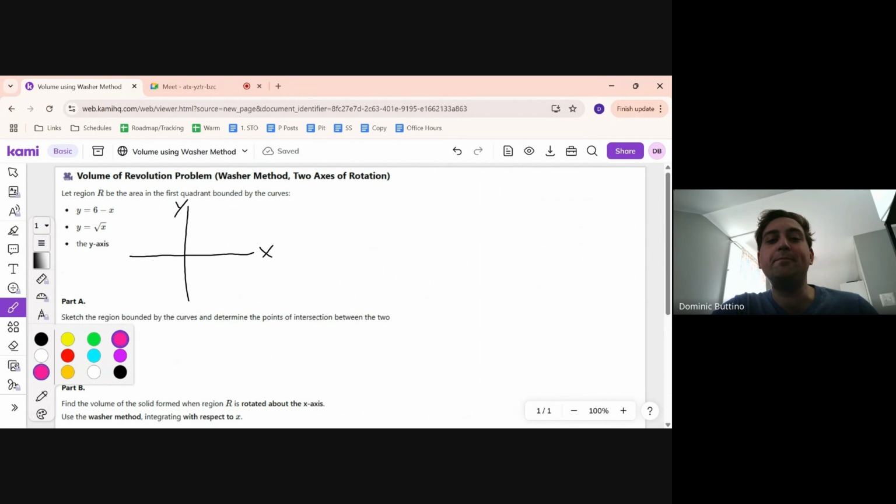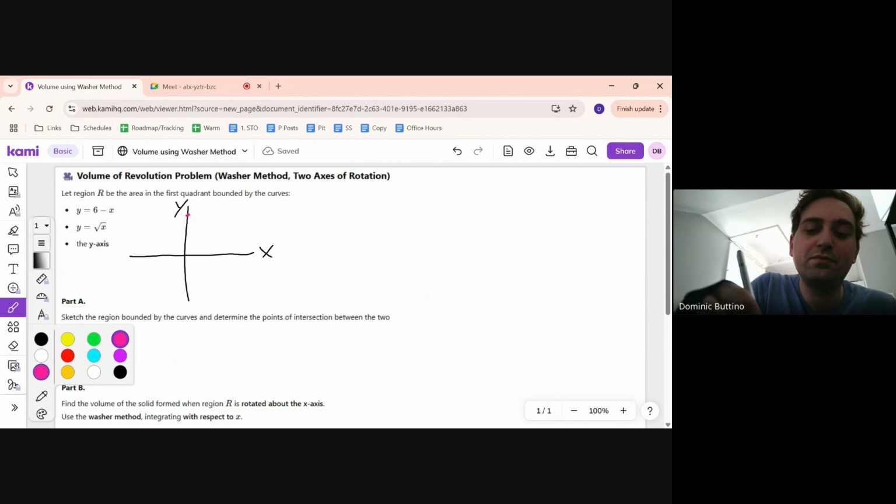If you are allowed to use a calculator for this question, which you very well may not be, you could just graph it. So we're going to go from this point to this point, and that's going to be y equals 6 minus x.